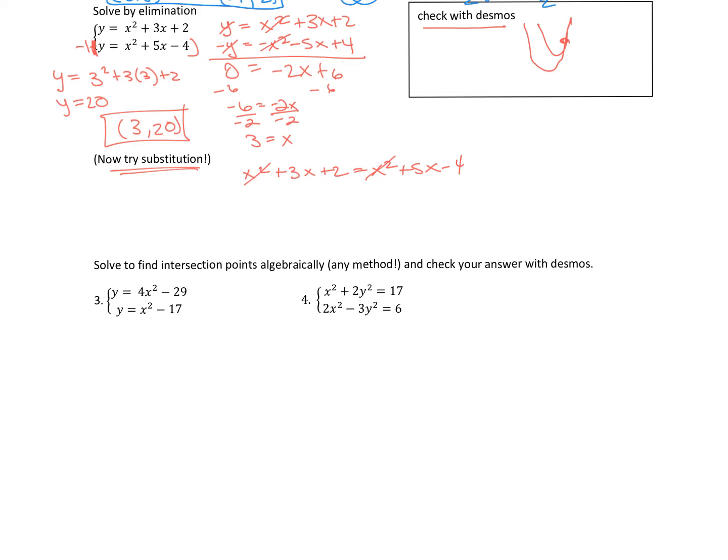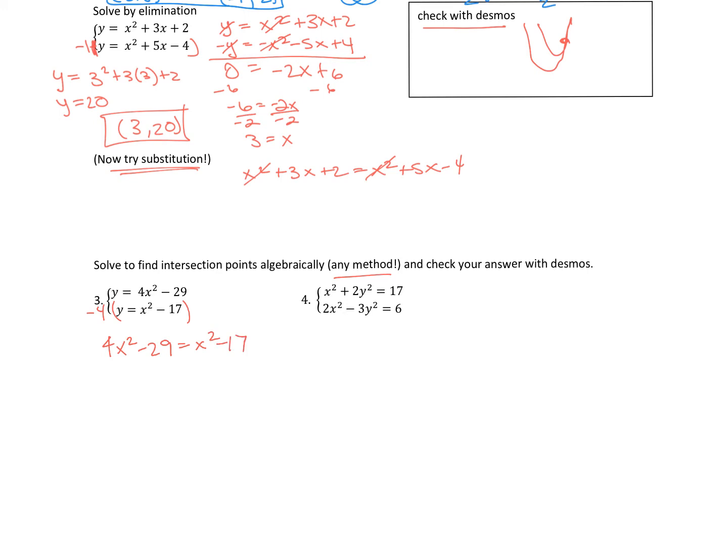If I used elimination, I could multiply this entire bottom one by -4. That'd be a great way to do this problem. Or you could set 4x squared minus 29 equal to x squared minus 17. That's my substitution. You can use any method you want. My personal preference when I can do it is substitution. So let me write my 4x squared minus 29 equal to my x squared minus 17.